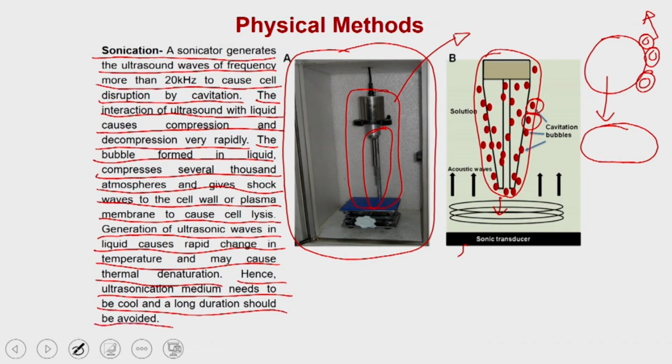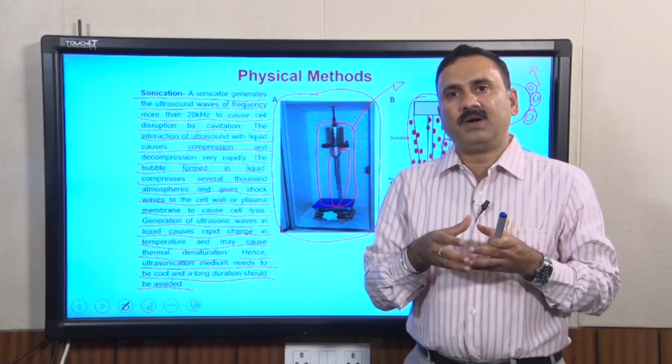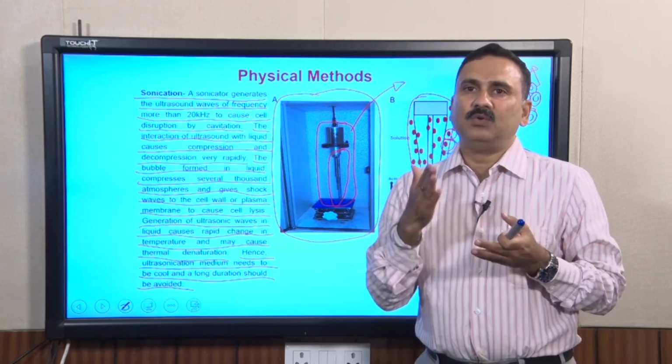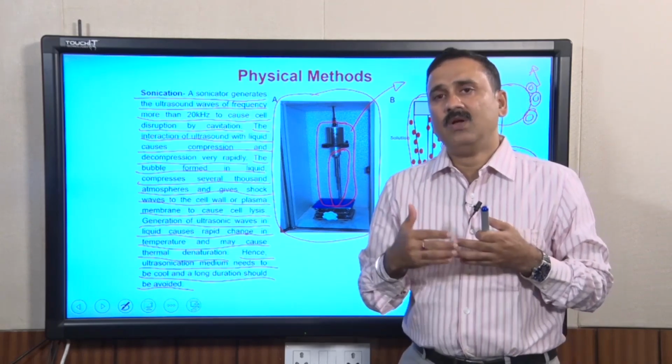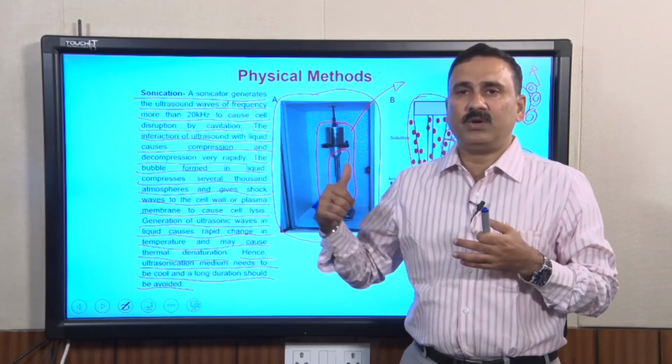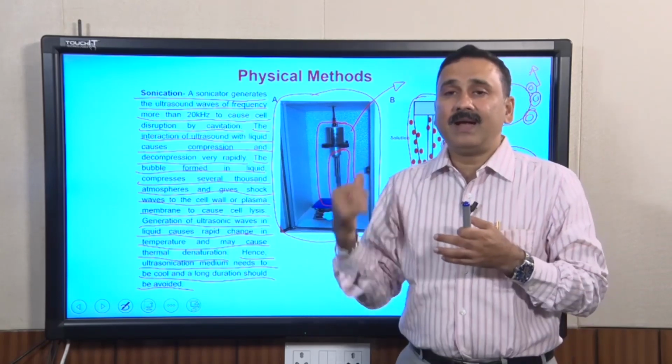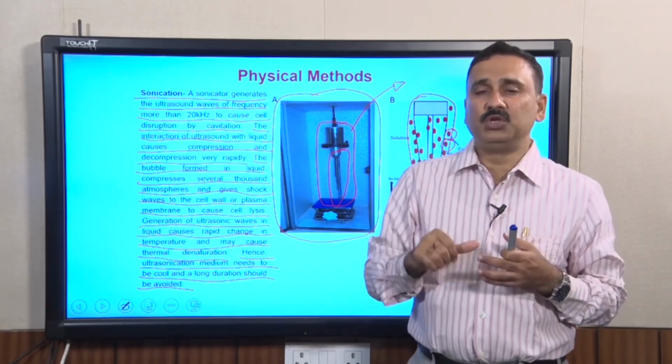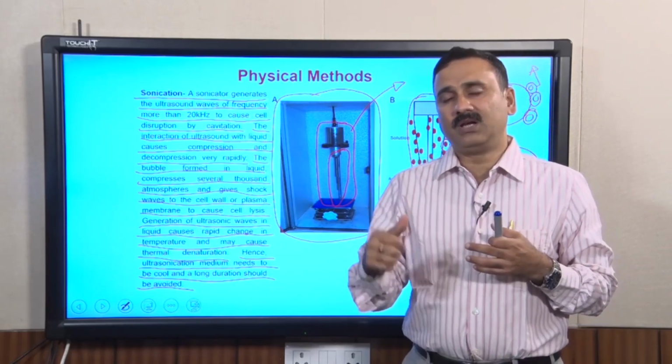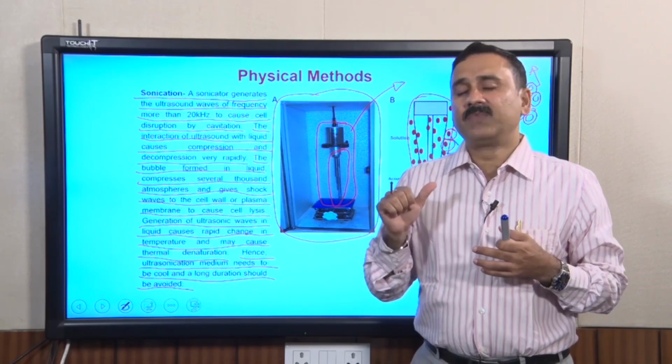That is why sonication of bacterial cells, in an Eppendorf or a Falcon tube, has to be done in a very sophisticated manner, and it requires some kind of training, because you also have to protect yourself from the sonic waves produced inside this chamber, and at the same time ensure that you get the sonication done without affecting the product.